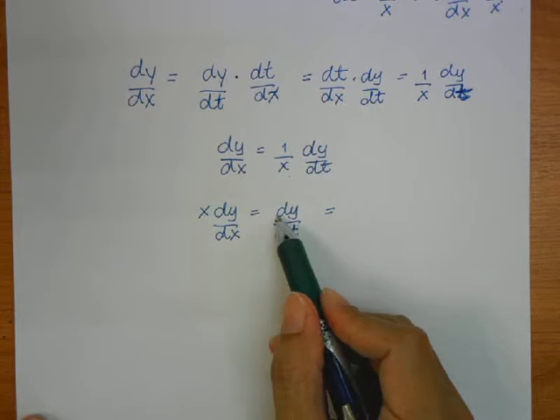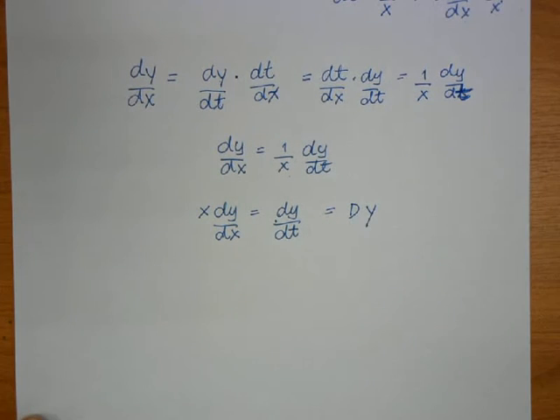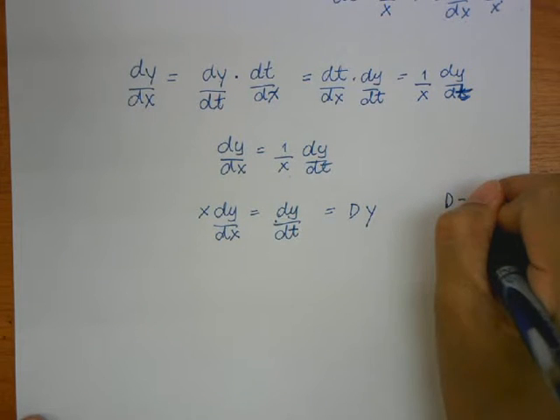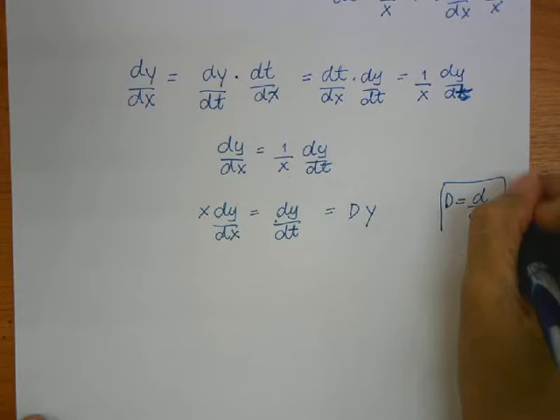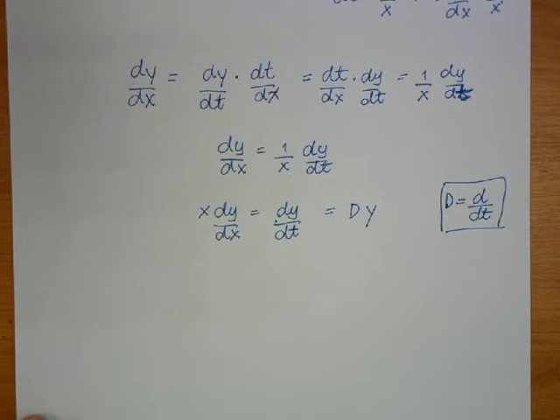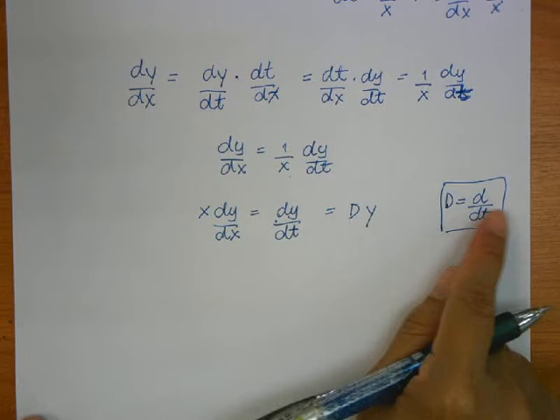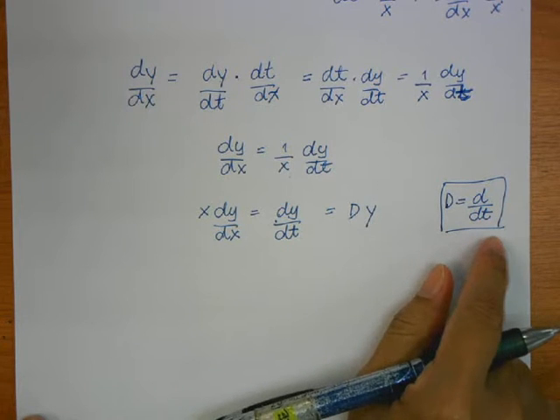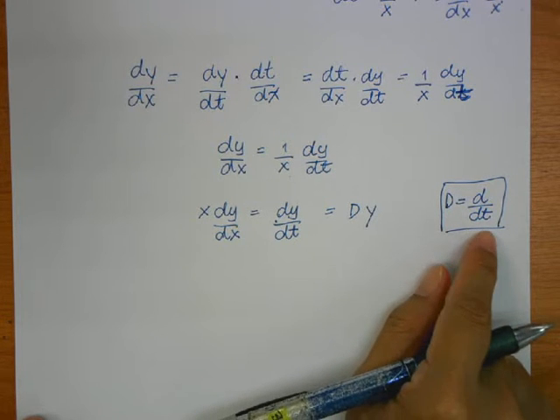So this one I would write down as a D y. And now my D is equal to d something by dt. Now our capital D is d by dt. It's not x any longer. It's become d by dt.